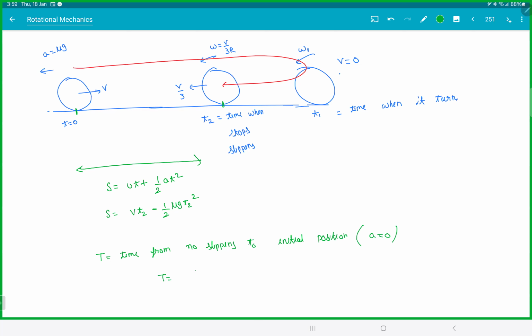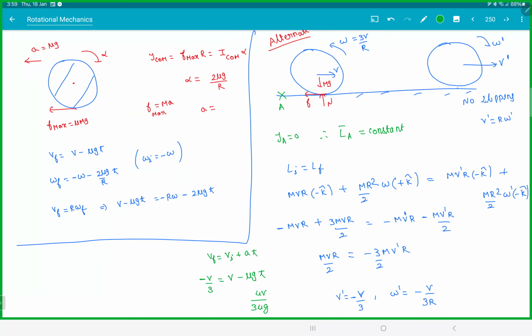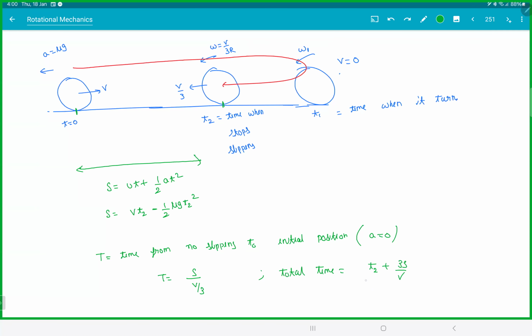So the t will be s by v by 3, isn't it? Speed has become constant, na? Therefore, total time is how much? Total time will be t2 plus 3s by v. T2 is the time when it stopped slipping, and 3s by v is the extra time required to cover this distance. And that will be 4v by 3 mu g. S is that distance there, 3s by v.